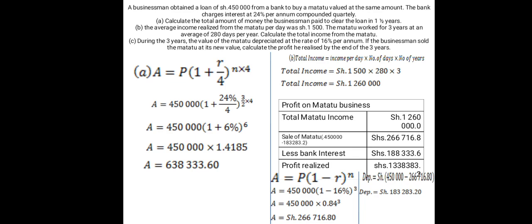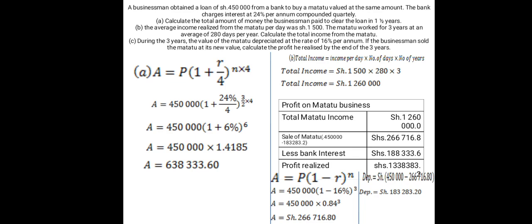Now from these incomes we subtract bank interest of 188,333 shillings and 60 cents.